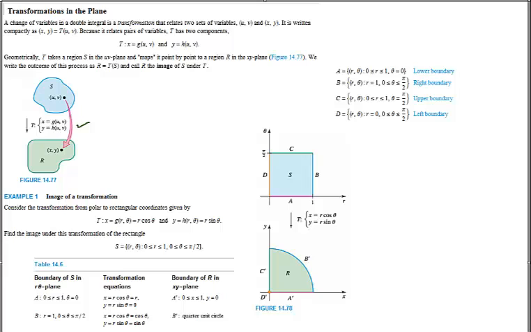Notice that this D is just a point in this xy coordinate system.